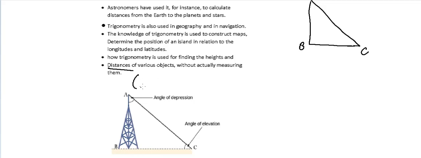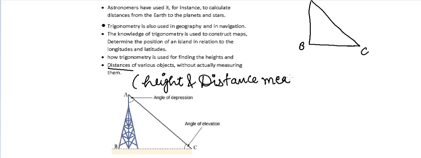Basically, height and distance measurement. In this video, we are going to discuss how we can use trigonometry to measure height and distance. So we'll first understand a few concepts.